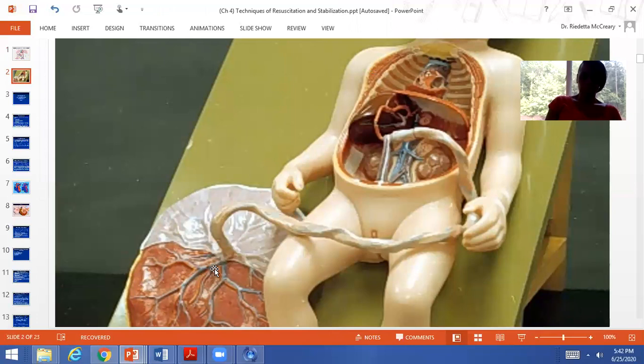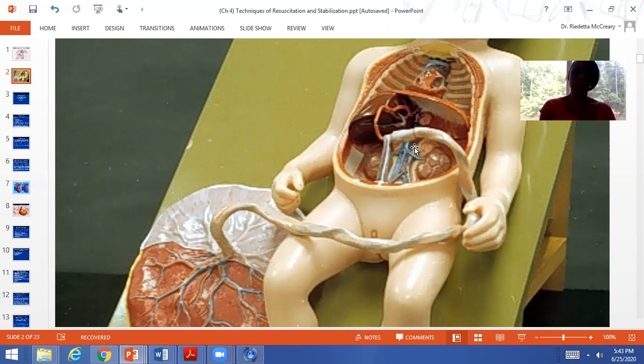This just shows a picture of the placenta and all the vasculature that is supplying the placenta with blood coming from mom. Then the structure will send blood through the umbilical vessels, through the umbilical vein going to baby, umbilical arteries coming from baby going back to the placenta. And once we deliver the baby, obviously the baby is going to be severed from the umbilical cord so that we can assess the baby.